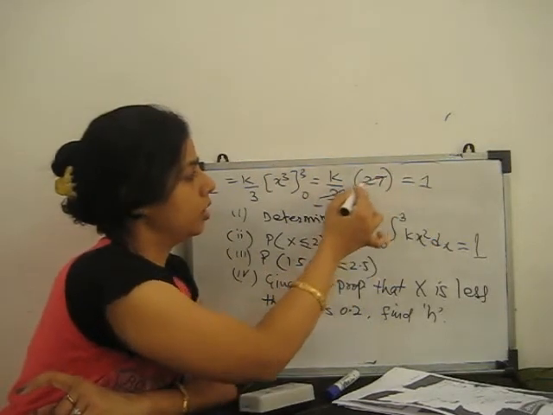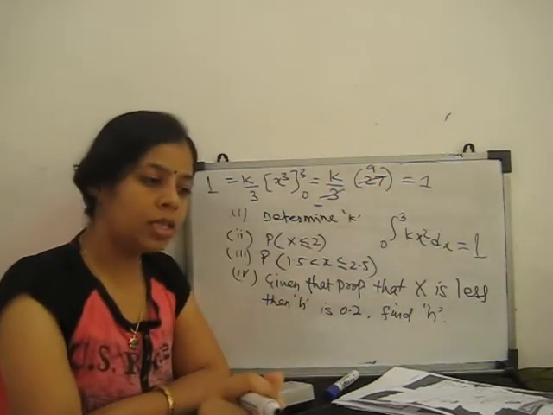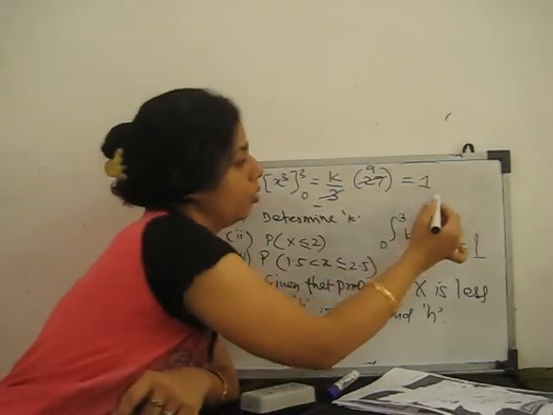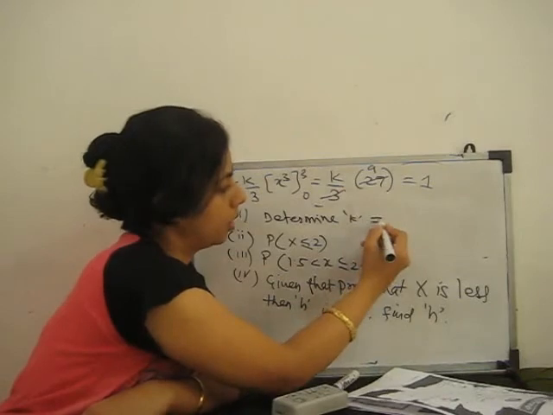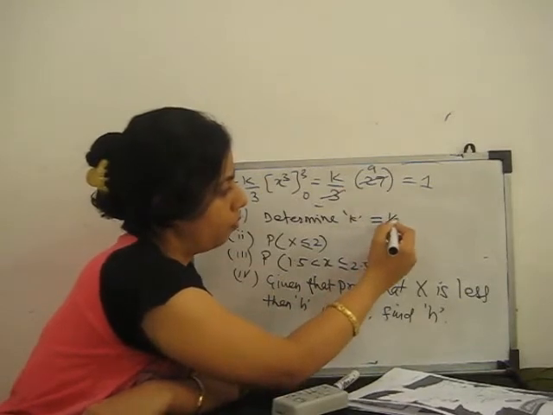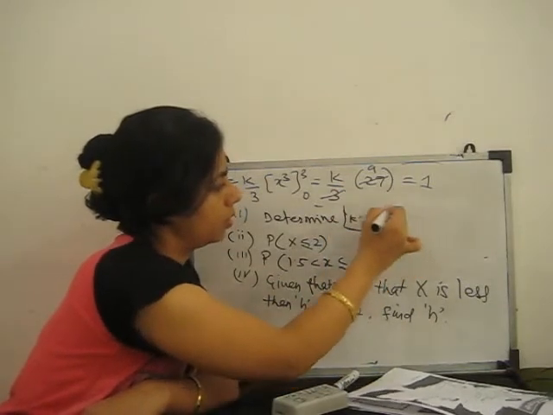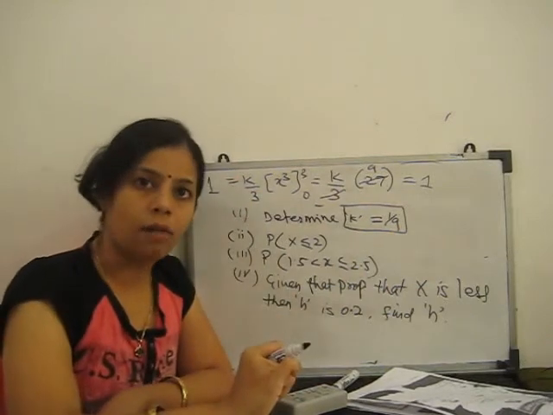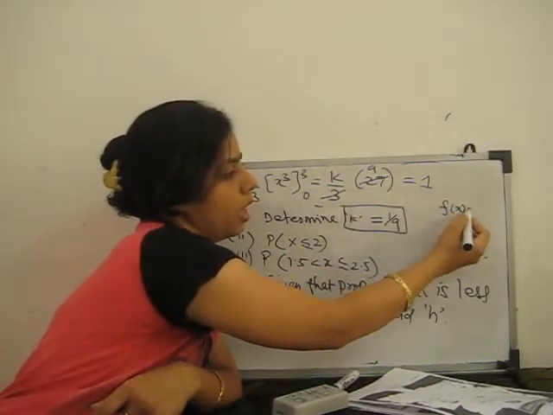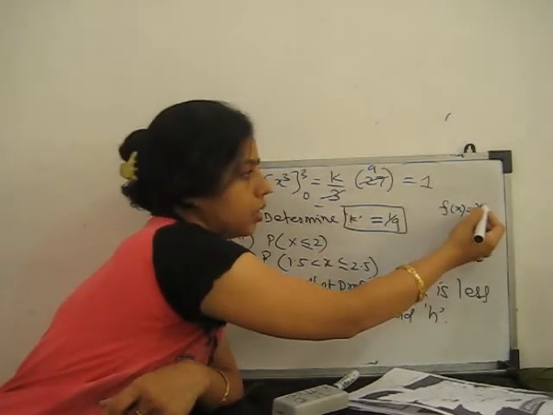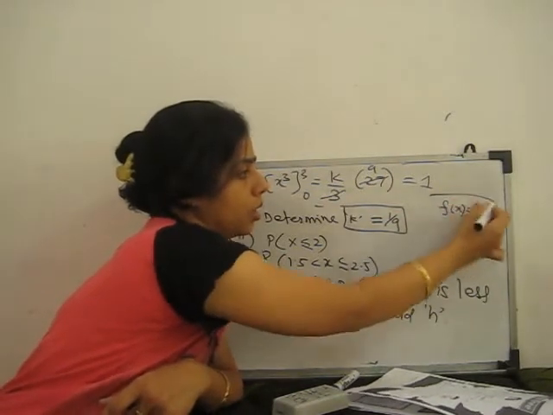So hence our k is equal to 1 by 9. Clear? Now our k is 1 by 9, which means our probability density function f(x) is x square by 9.